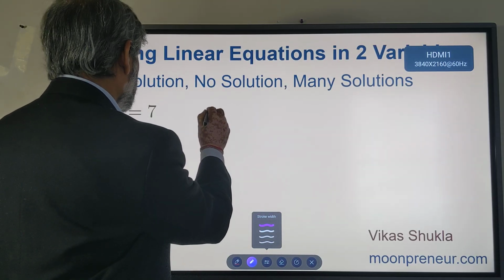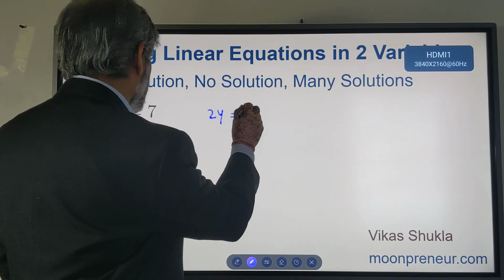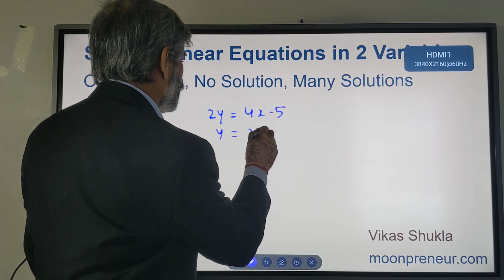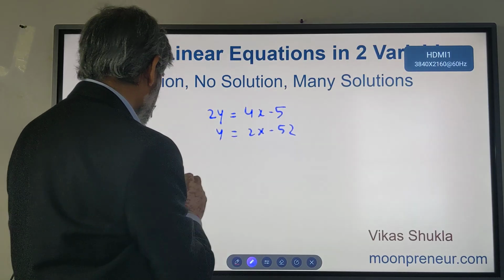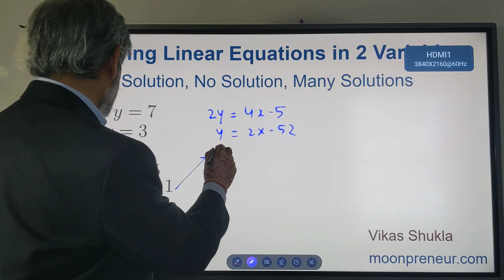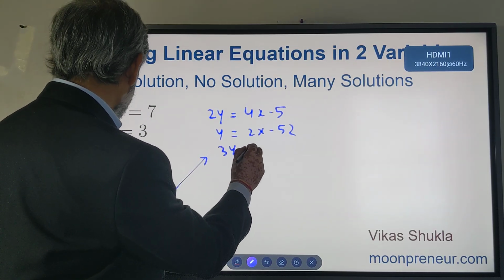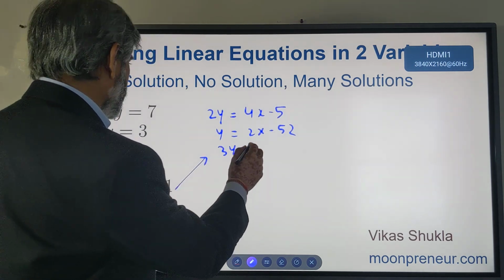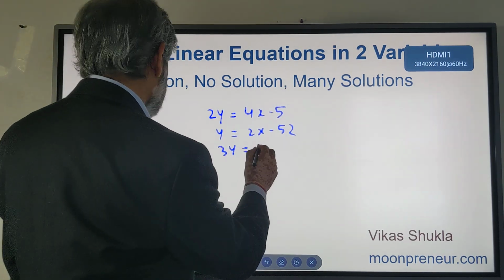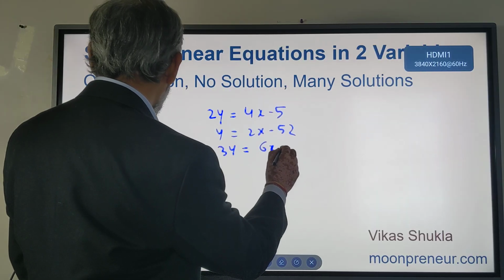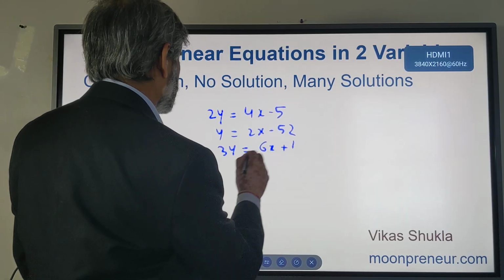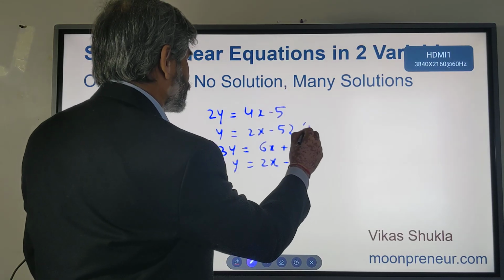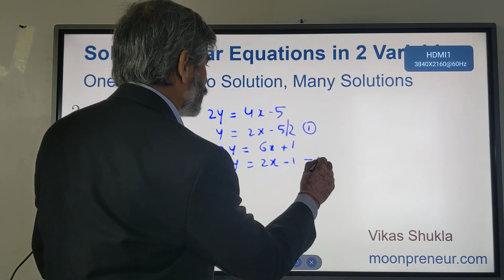Let's rewrite this. 2y equal to 4x minus 5, or y equal to 2x minus 5 by 2, and this one I can write as 3y equal to 6x plus 3. So y equal to 2x plus 1. So this is equation number 1 and this is equation number 2.